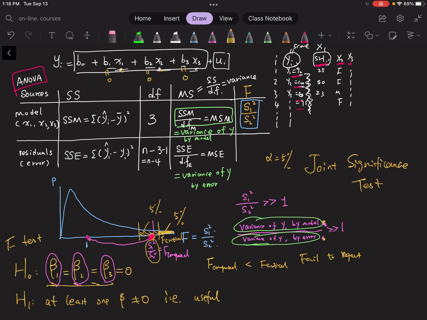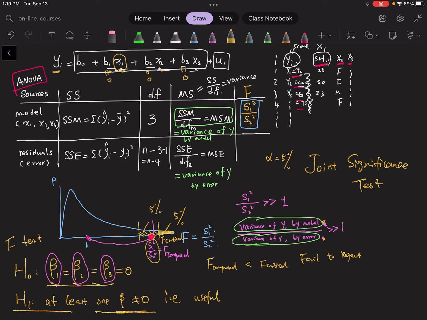You test whether beta 1 equals beta 2 equals beta 3 equals 0, and the alternative is that at least one beta is not equal to 0. That is, at least one of the explanatory variables is useful in explaining the variation in y. But which one? You need to do individual t-tests.